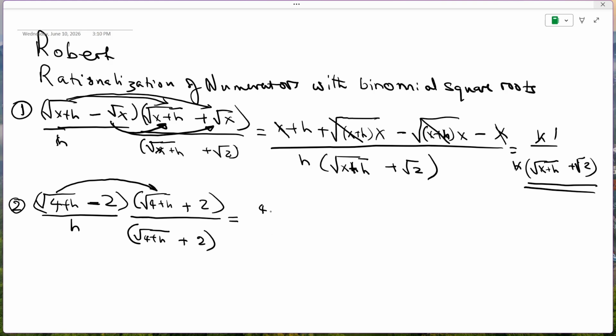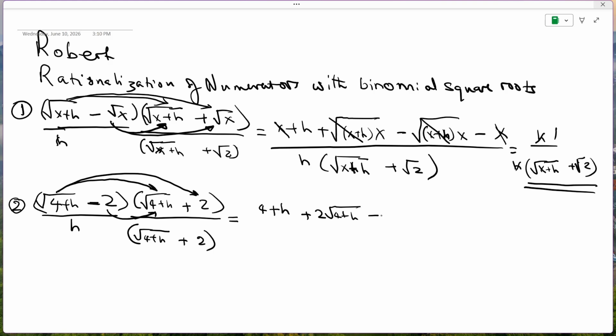That will leave us with 4 plus h. And then root 4 plus h by 2, this will become plus 2 root 4 plus h. And then we'll multiply minus 2 by root 4 plus h.